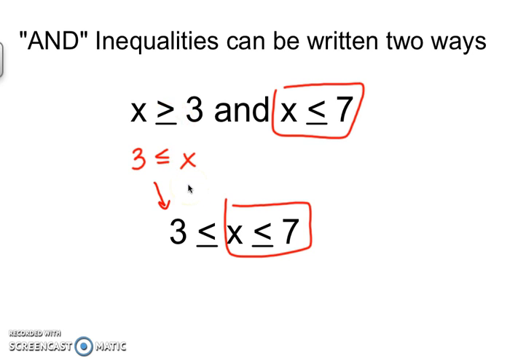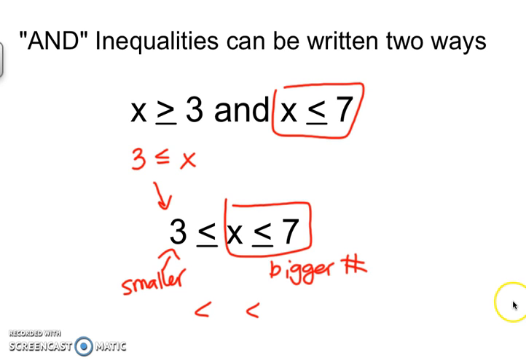When you write an "and" inequality like this, the bigger number is on the right and the smaller number is on the left, and your signs are always going to go the same direction.